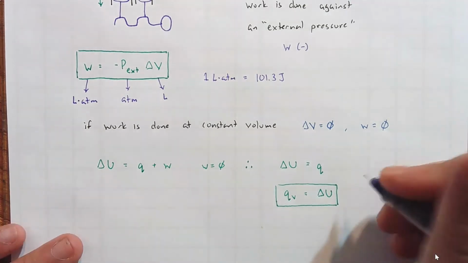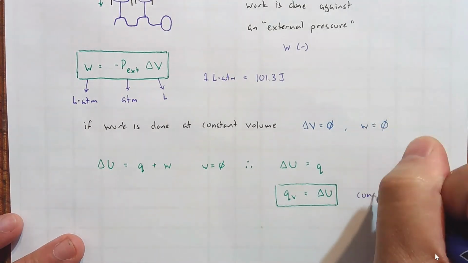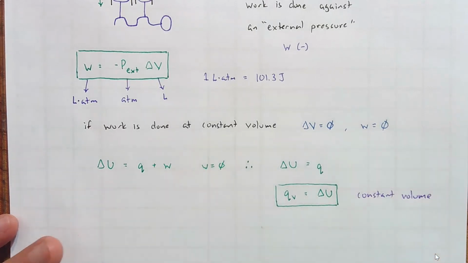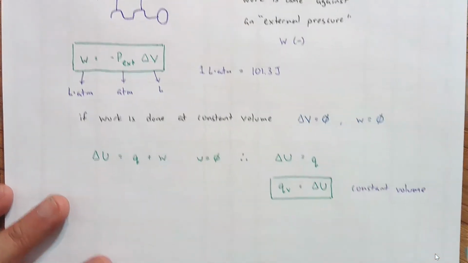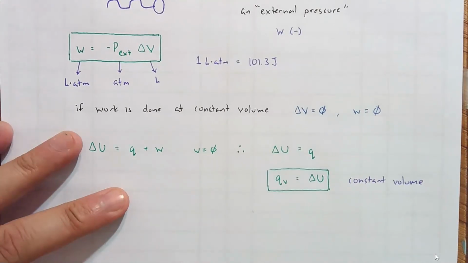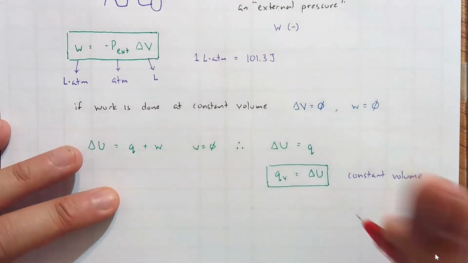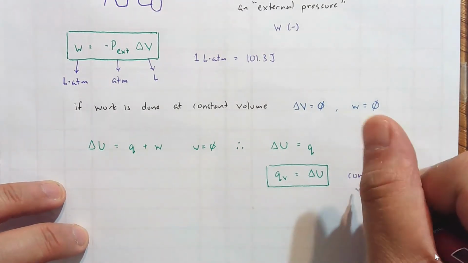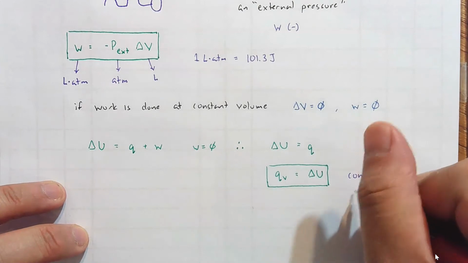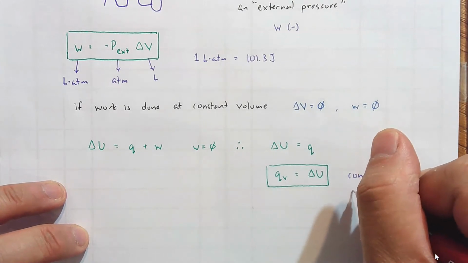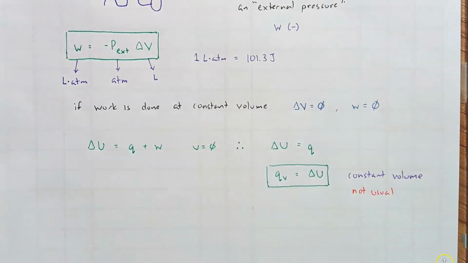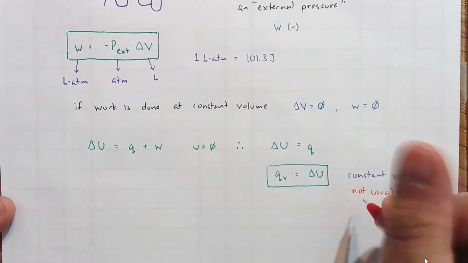So we're looking at a situation that has constant volume. But I'm going to tell you now that this is actually pretty rare. This is not the typical situation that we're looking at. So this is not usual, I guess is what we could say. Why?